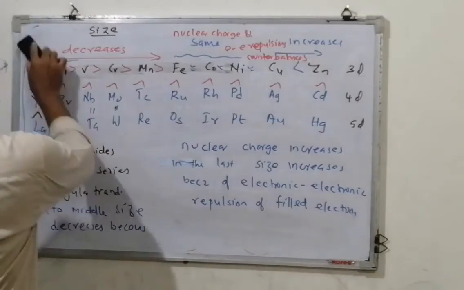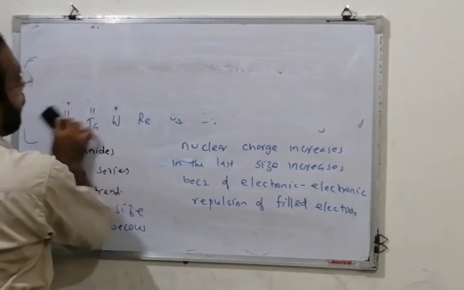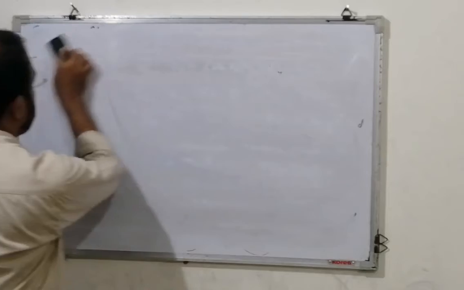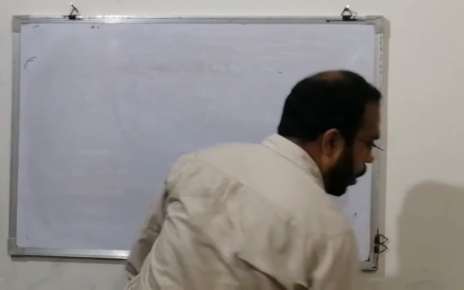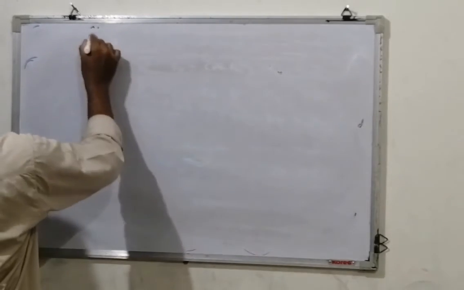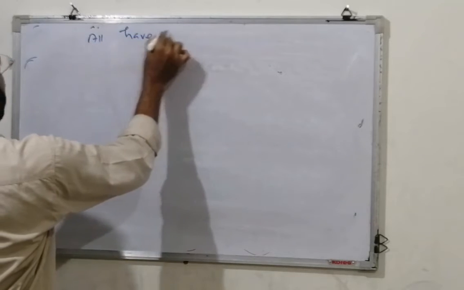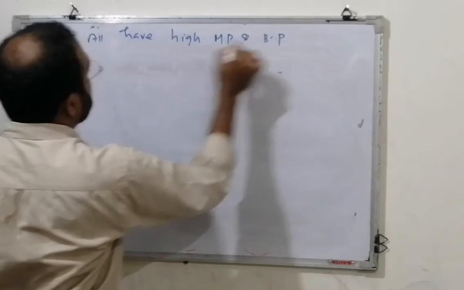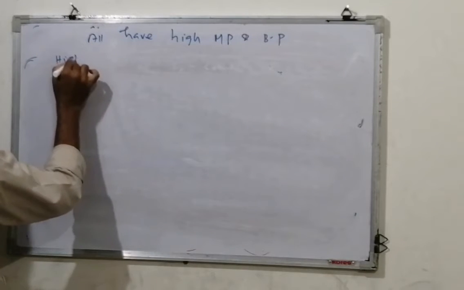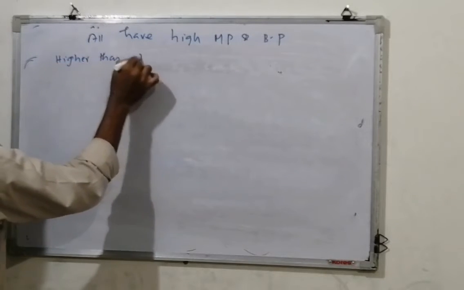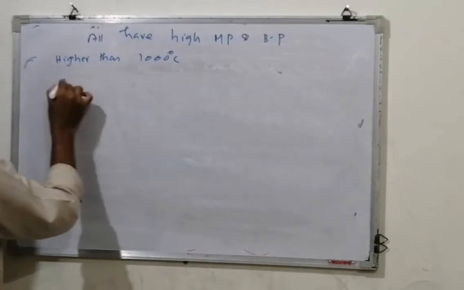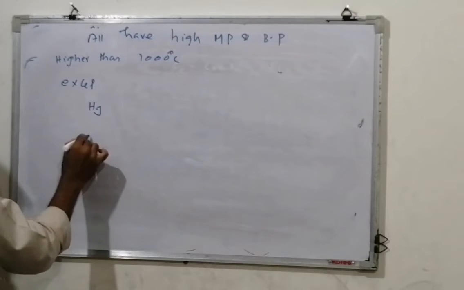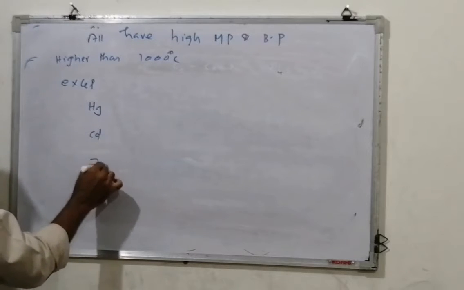Now second, melting point. All have high melting points, with boiling points higher than 1000 degrees centigrade, except mercury, cadmium, and zinc.